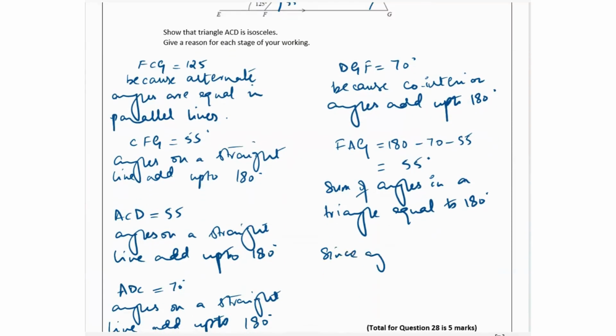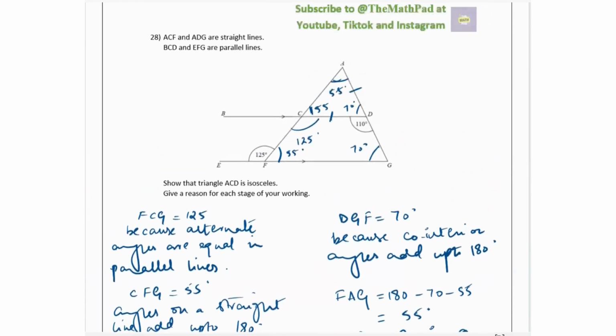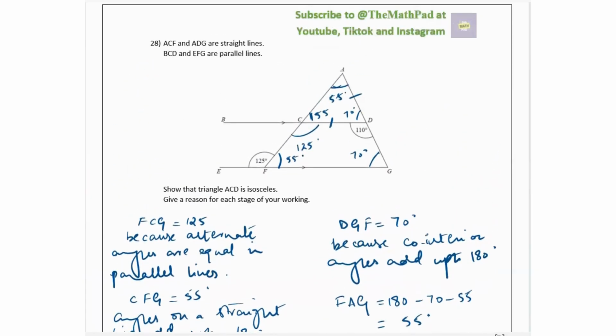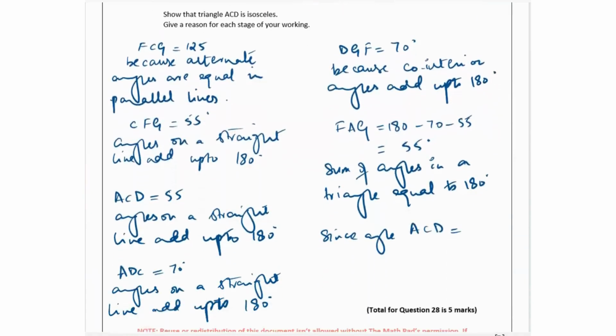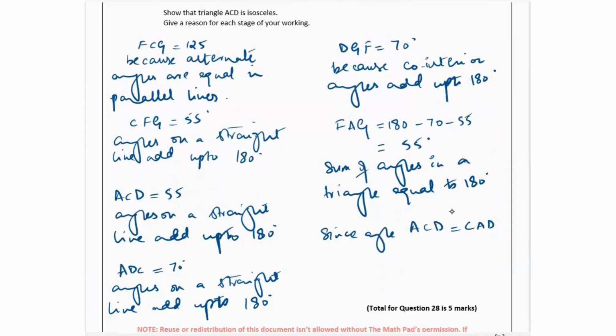Since angle ACD equals angle CAD, which is 55, that shows that ACD is an isosceles triangle. That is how you prove your answer.